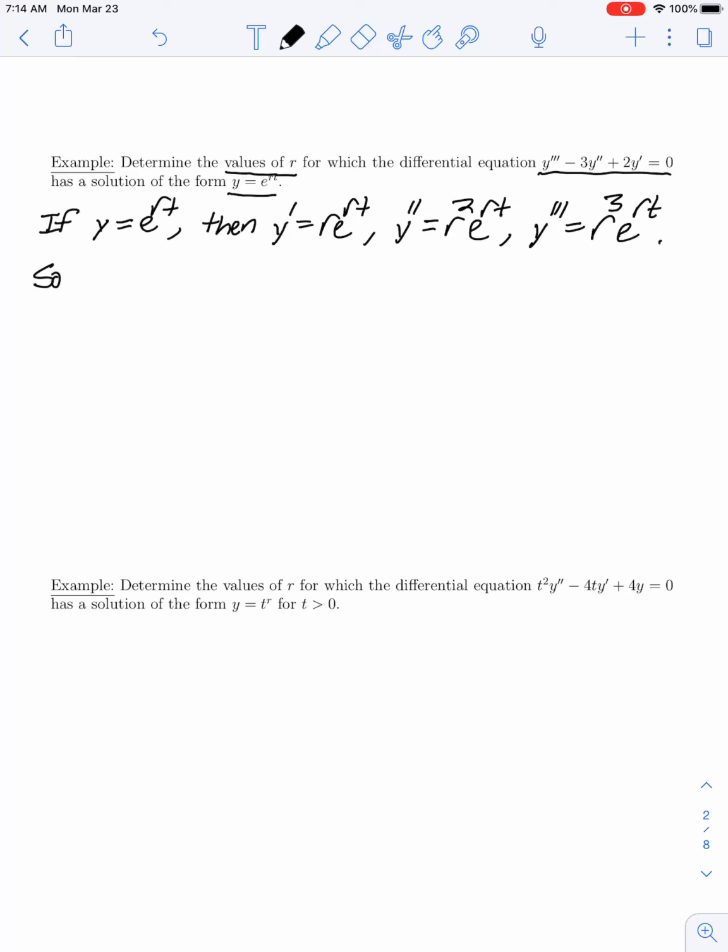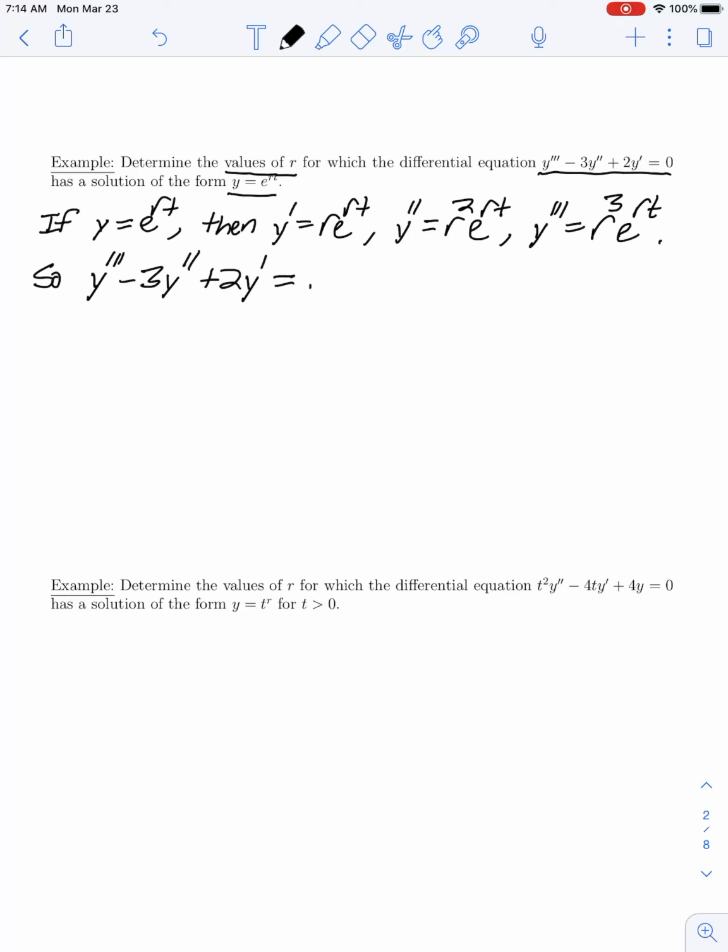So now looking at our differential equation, we're supposed to make sure that y triple prime minus 3y double prime plus 2 times y prime is equal to 0.